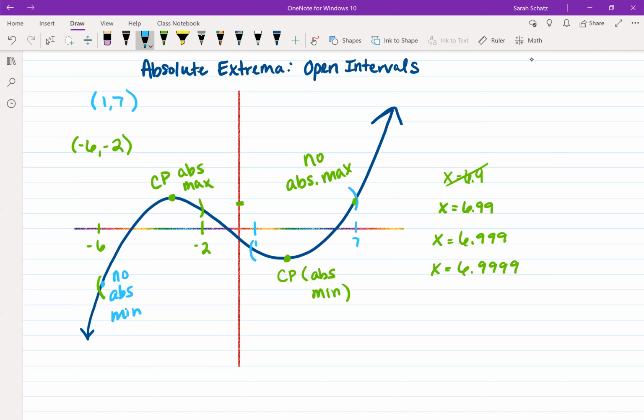So notice in both of these intervals, the way the graph looked in both of these places determined if there was a max or a min, but there wasn't both. You're never going to have both in an open interval. Well, I guess you won't have both. Now, technically, let me show you why I'm taking that back for a minute.